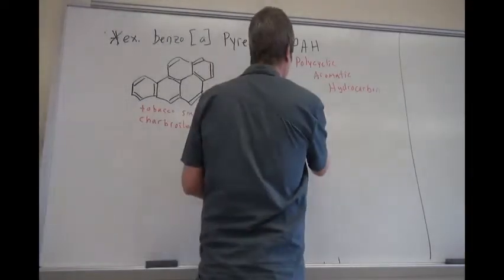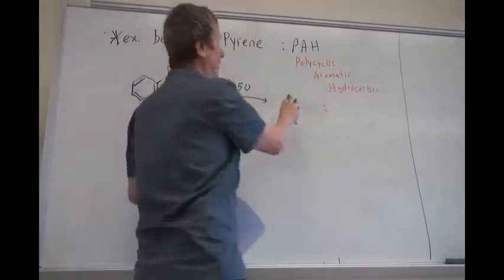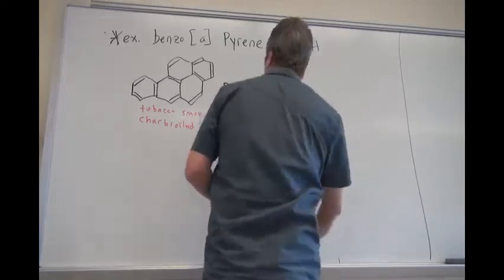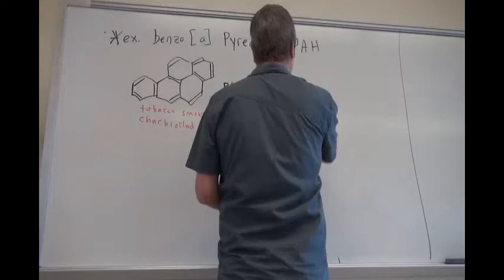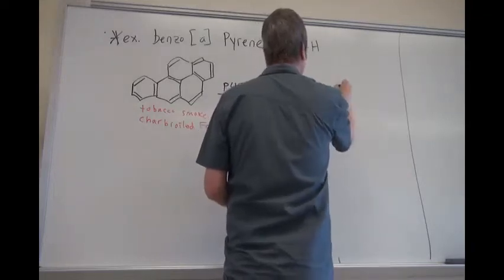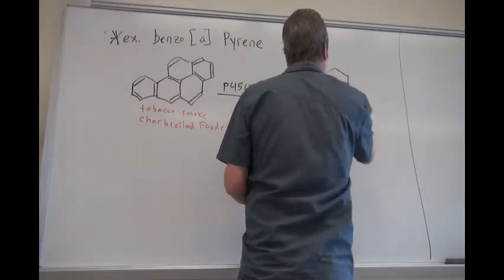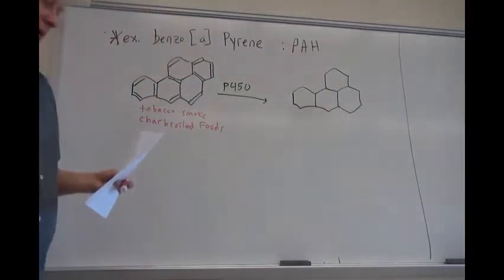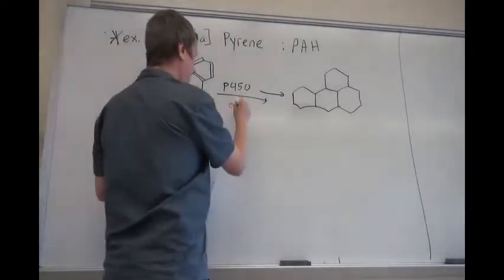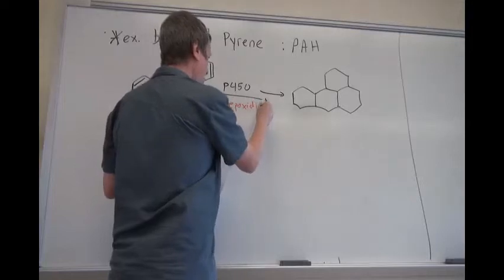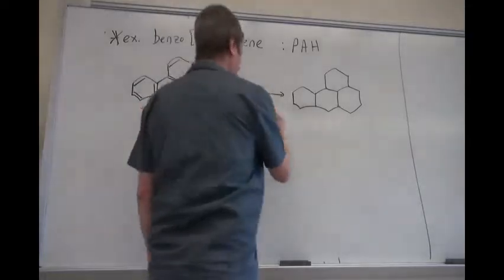So what happens when it metabolizes, I'm going to erase this stuff up here. Okay, so what happens is it's a 2-step process where it epoxidizes one of the double bonds, and then it hydrolyzes the epoxide.